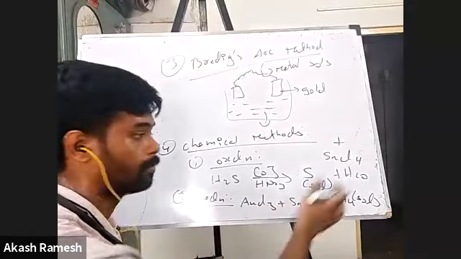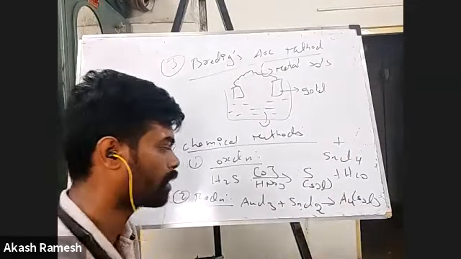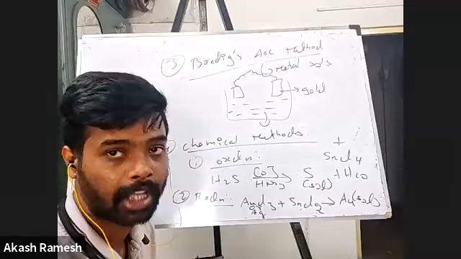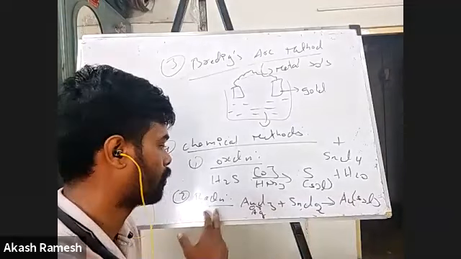Again, you can see this can be gold or silver, Au or Ag. Both can be used.